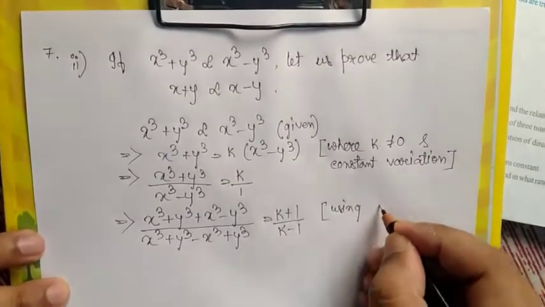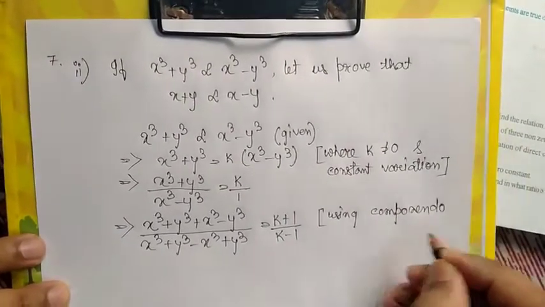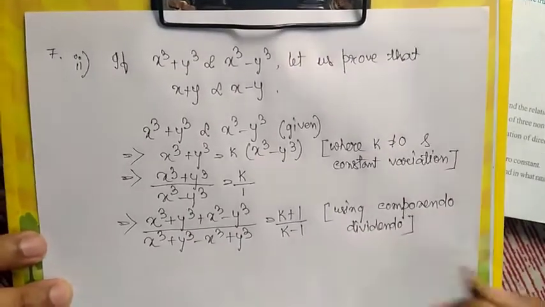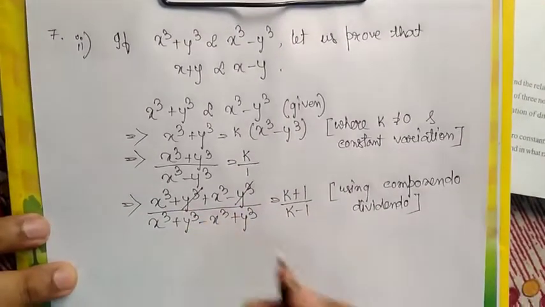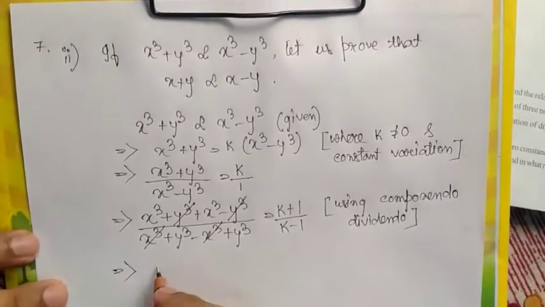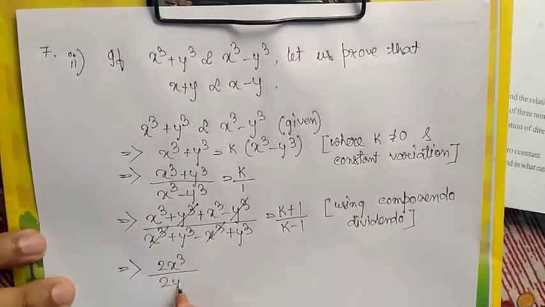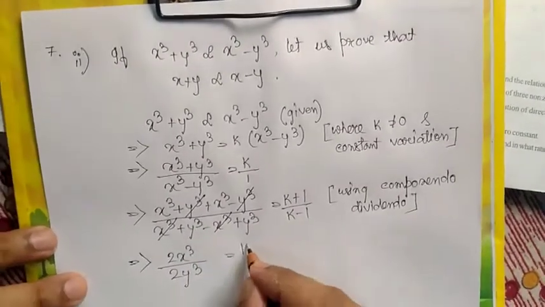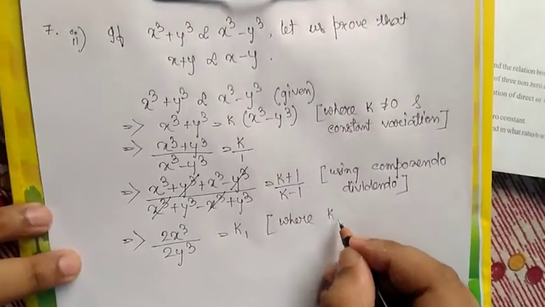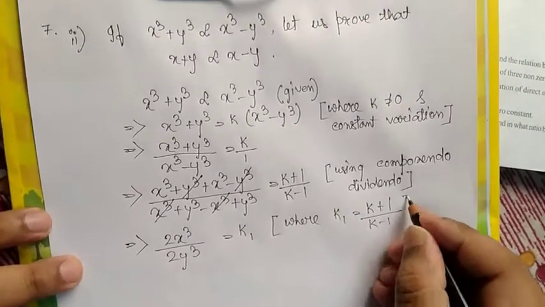using componendo, x cube plus x cube, 2x cube, by y cube plus y cube, 2y cube, equals k1, where k1 equals k plus 1 by k minus 1.